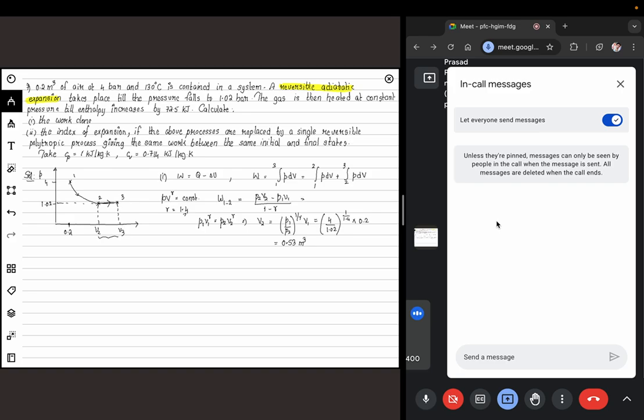Now that I know all these values, I can substitute them back here. So 100 is just for conversion of units.